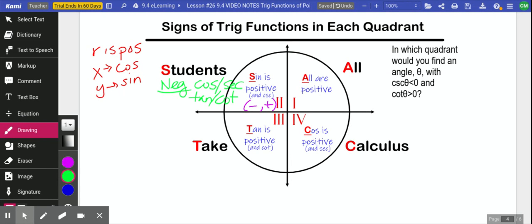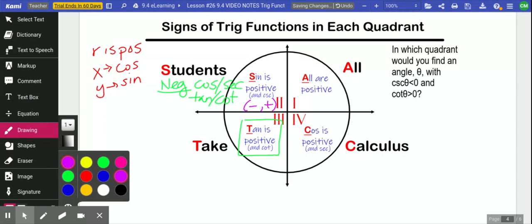So let's make it less confusing down here on tangent. So all students take, so in quadrant 3, take starts with a T, tangent is positive, cotangent then is also positive. The signs there are going to be negative, negative. So tangent, which is y over x, will be negative over negative, which is a positive.